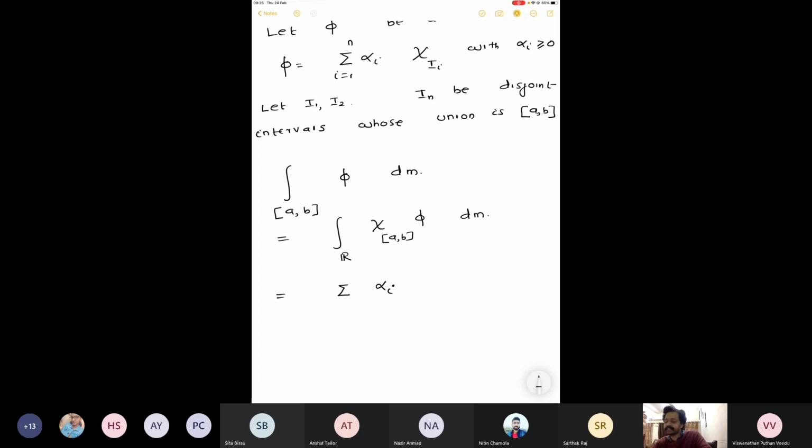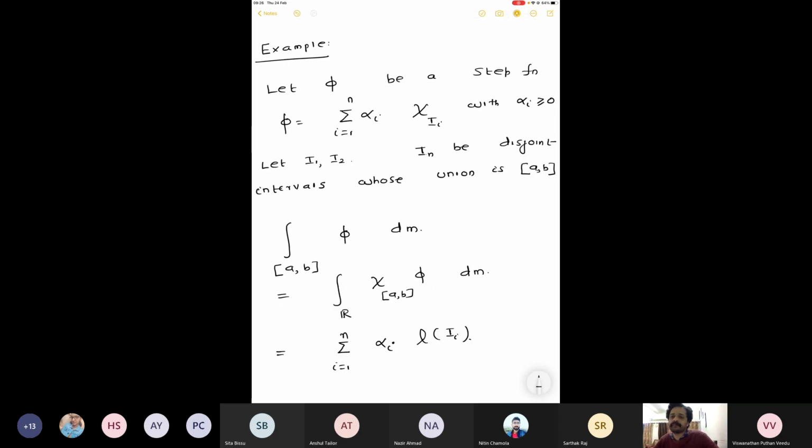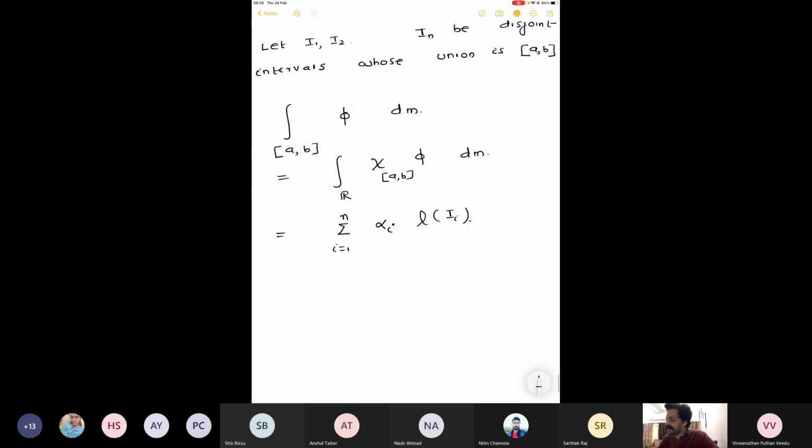I1, I2, I3, etc. are disjoint intervals in [a, b]. The measure of I_i intersection [a, b] is the same as the measure of I_i, and the measure of I_i is the same as the length of I_i, for i equal to 1 to n. I am not bothered about whether this phi is in canonical representation or not. By the previous lemma.